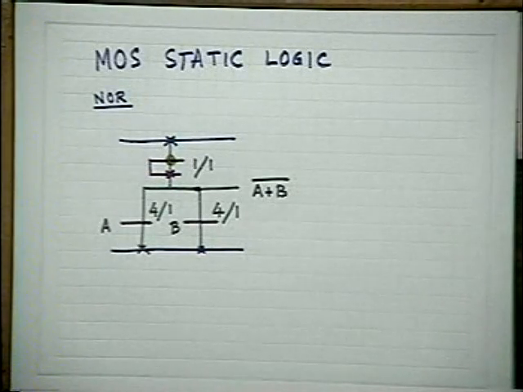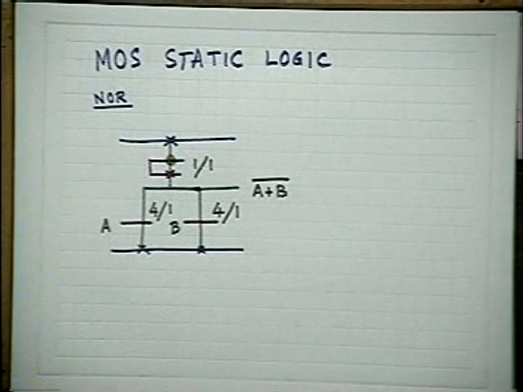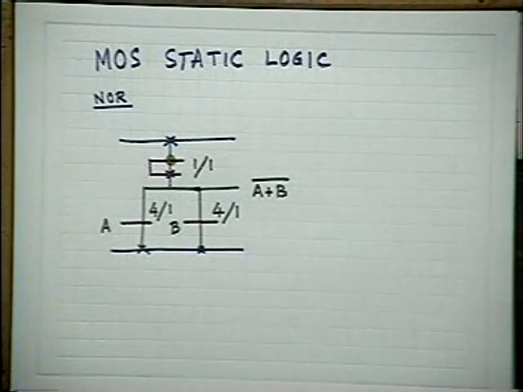If a green line and a red line, that means diffusion and poly, cross over, it indicates that at the crossover point beneath it there is an nMOS transistor. On the other hand, if there are crossovers of other lines, we don't assume anything; below this there is nothing.